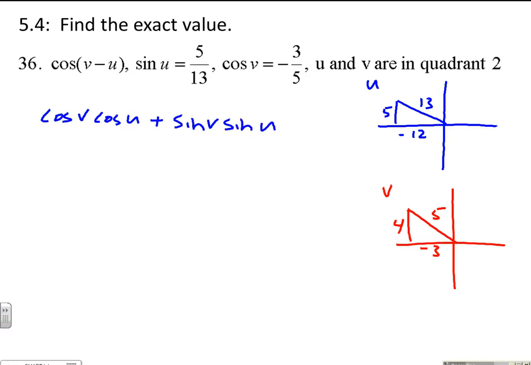So now it's just a matter of picking off our values. So cosine v from the red triangle is x on r, although that was already given, negative 3/5. Sine v from the red triangle, 4/5. Cosine u from the blue triangle, x on r, negative 12/13.